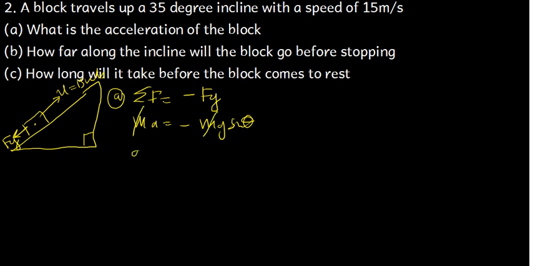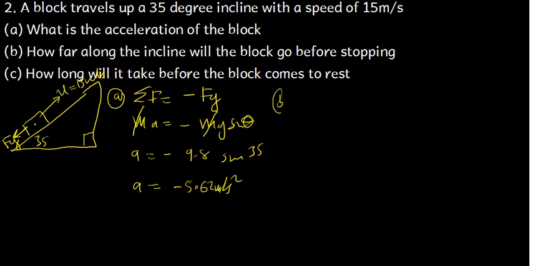So the acceleration is going to be negative g, which is 9.8, times sin theta, where the incline angle is 35. So the acceleration is negative 9.8 sin 35, which gives us negative 5.62 meters per second squared.